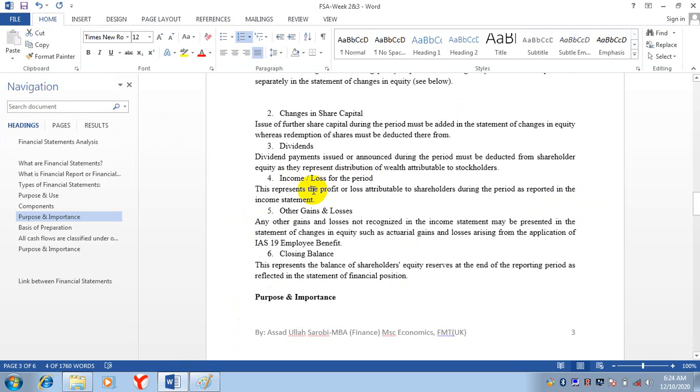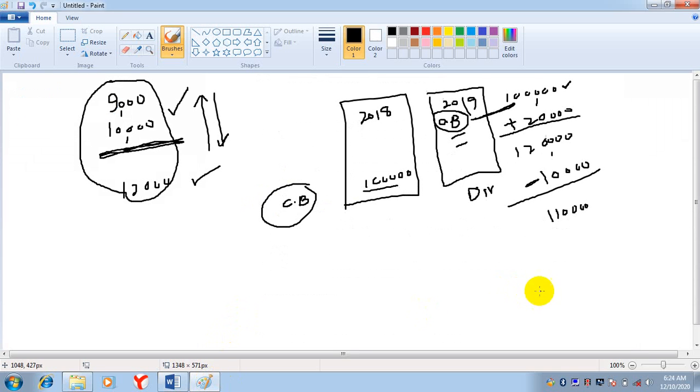Income or loss for the period. This represents the profit or loss attributable to shareholders during the period as reported in the income statement. Now if there is a profit, suppose this year there is a profit of 50,000, this profit will increase our shareholders' equity.